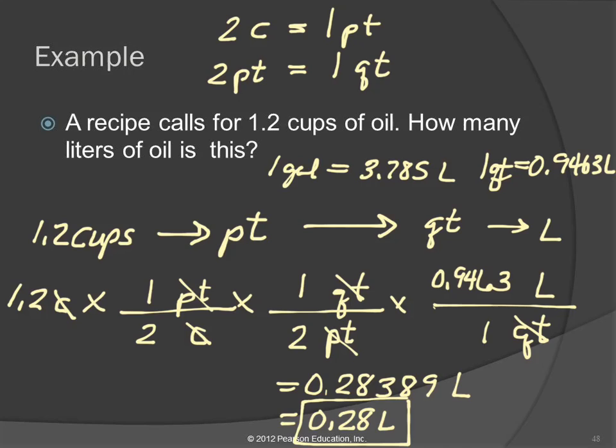Like you got 0.28389 and I got 0.28387. Let me try that again, because sometimes it's just a matter of how many digits your calculator can show. And then sometimes we think we typed in the same numbers and we actually didn't. 0.9463.